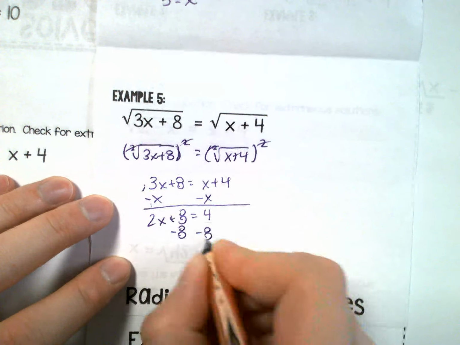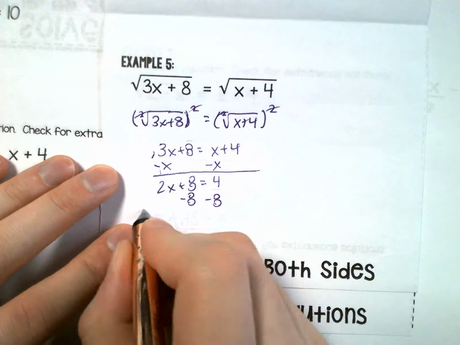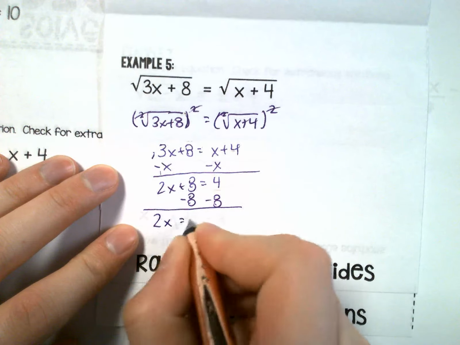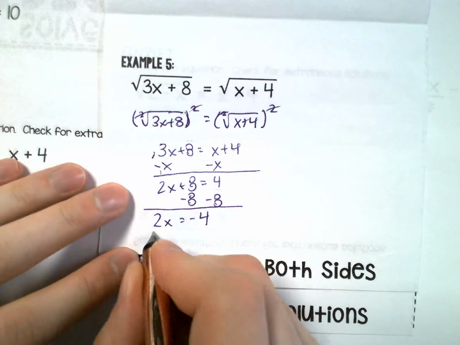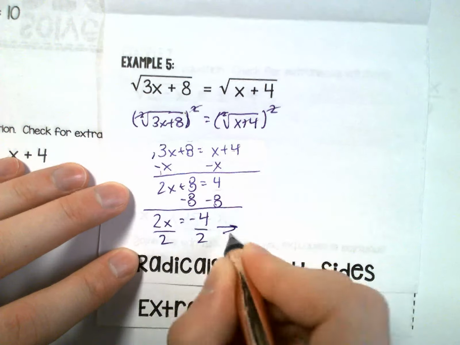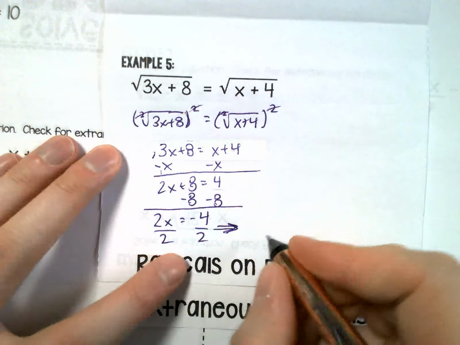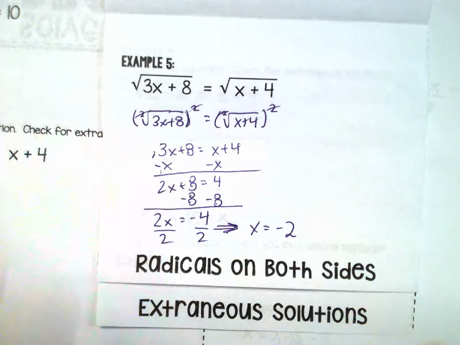Subtract 8 from both sides. I get 2x equals negative 4. Divide by 2. I get x equals negative 2.